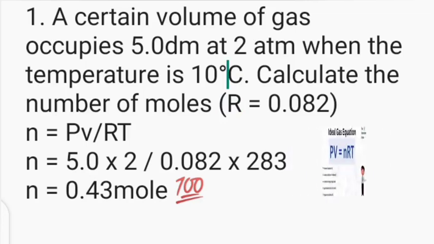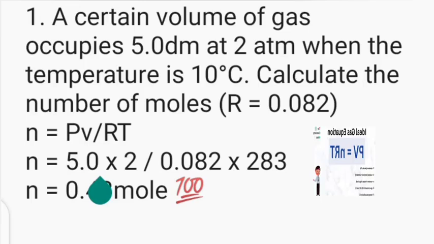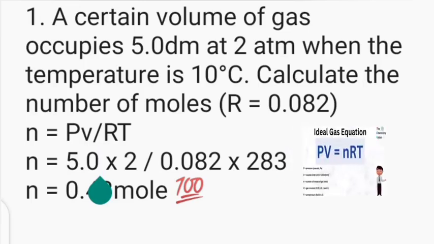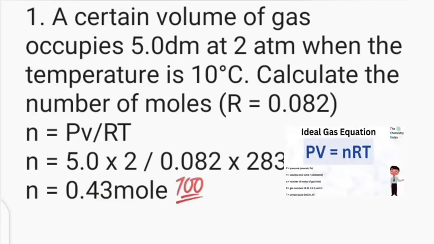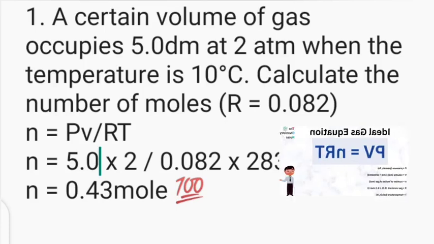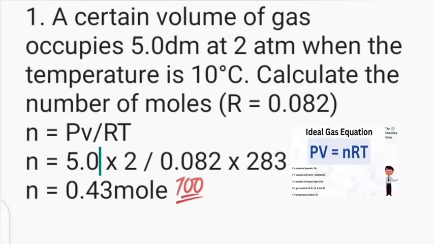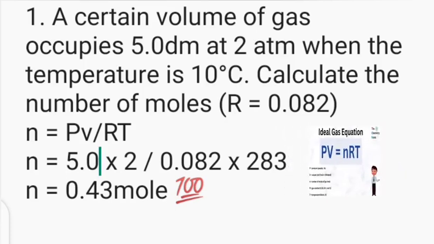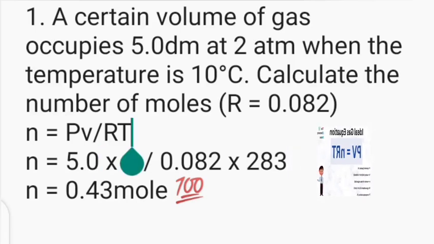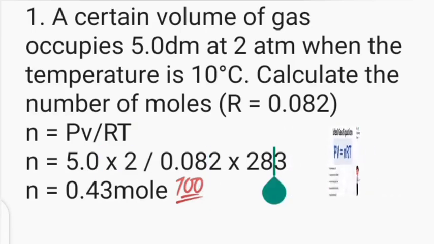The pressure is 2 atm and the volume is 5.0 dm cube, so we have 5.0 times 2, over the gas constant 0.082, times the temperature, which was converted from 10 degrees Celsius to Kelvin and is now 283.